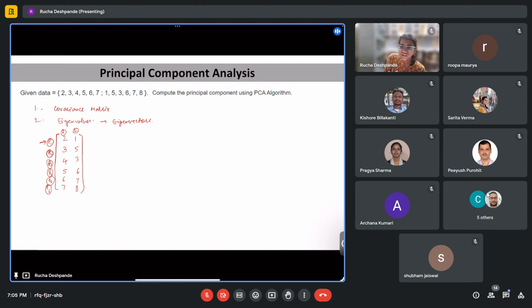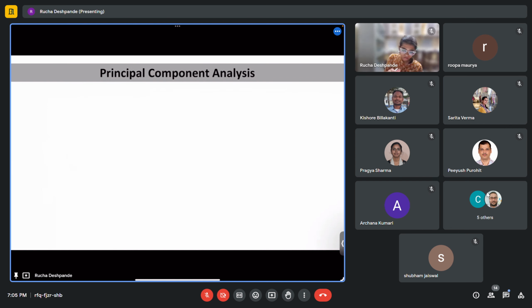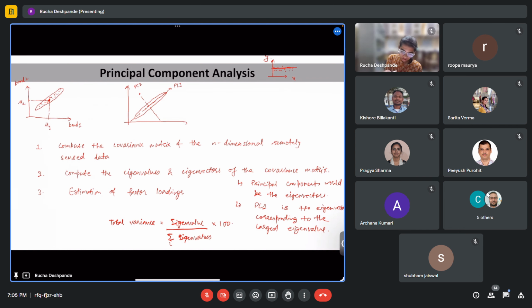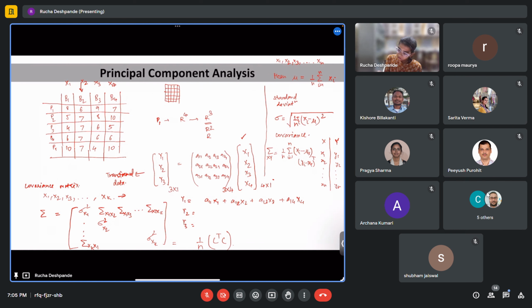So for the calculation of the covariance matrix, we saw that this is the formula for covariance. First we need to calculate the mean, then subtract the mean from the original values, and then we can calculate the covariance.